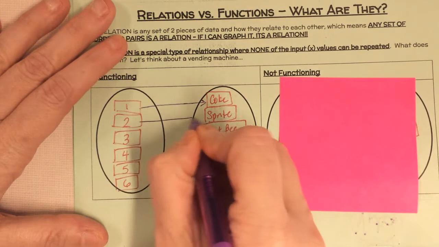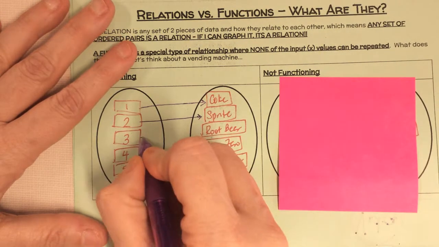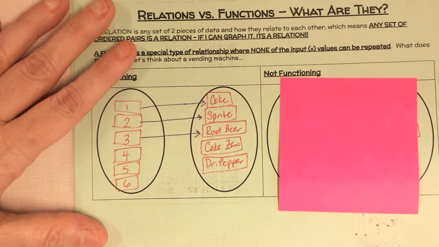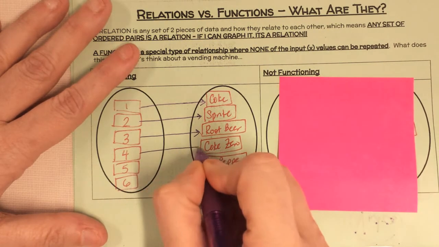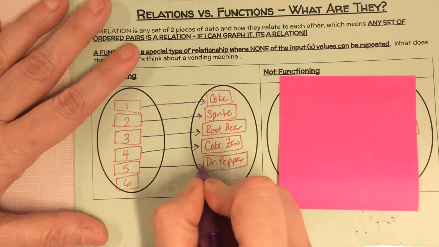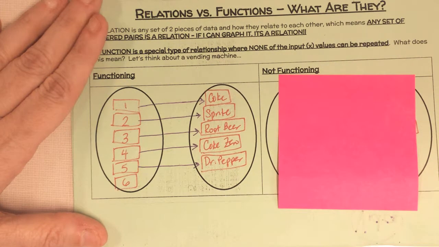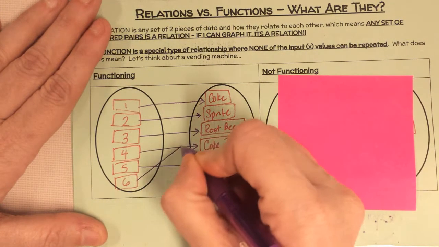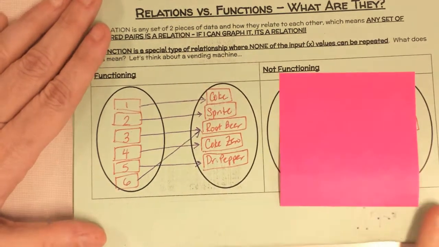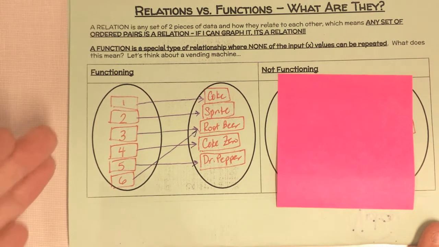I press button 2, I get a Sprite. I press button 3, I get a root beer. I press button 4, I get Coke Zero. I press 5, I get Dr Pepper. I personally love root beer, so my Coke machine is going to have 2 buttons that give me root beer. So, this is a function.